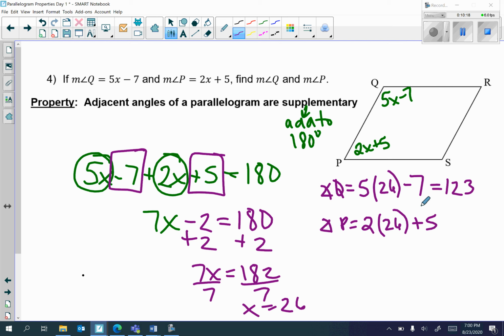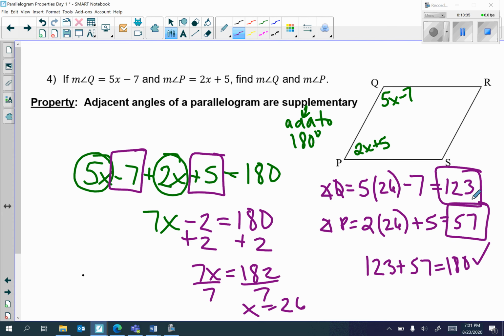Again, put it in your calculator, and that should be 57. And if I add 123 plus 57, I should get 180, which I do. So the measure of angle Q is 123 degrees, and the measure of angle P is 57 degrees. Adjacent angles of a parallelogram are supplementary.